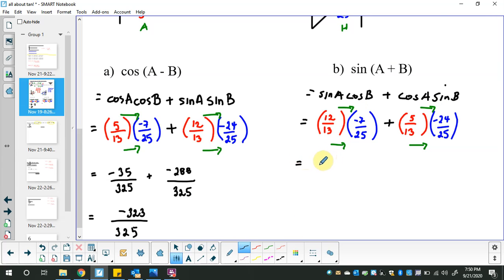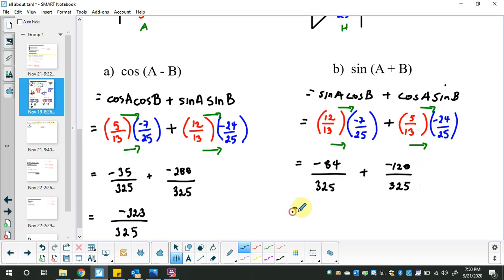So 12 times negative 7 is negative 84. 13 times 25 is still 325. Plus 5 times negative 24 is negative 120. 13 times 25 is still 325.